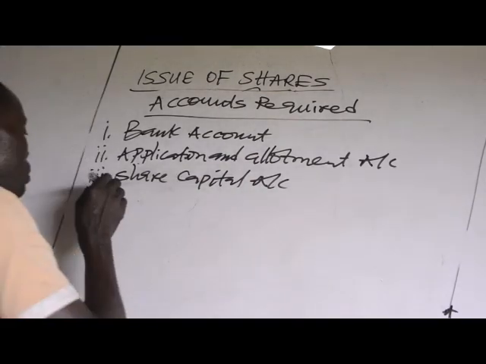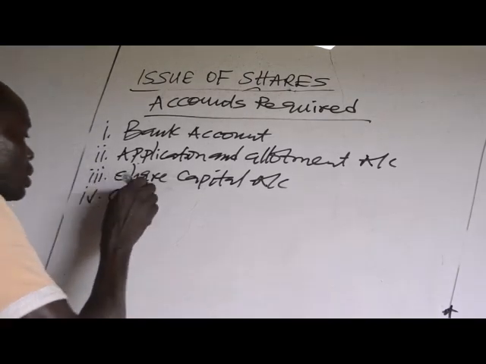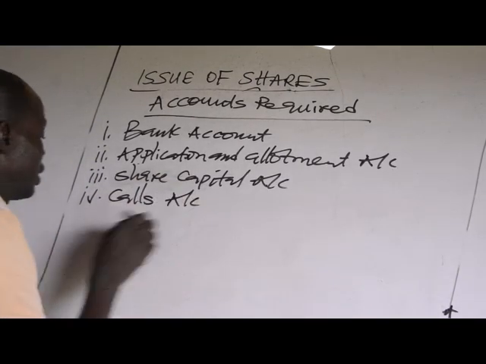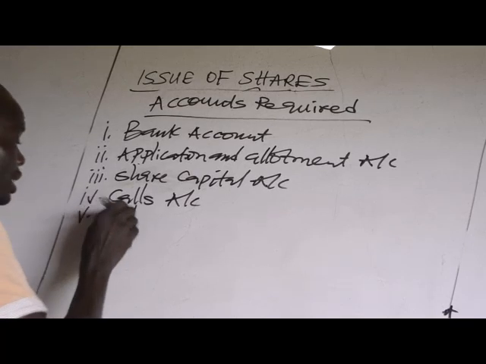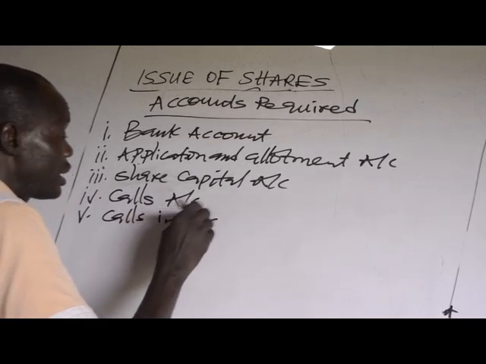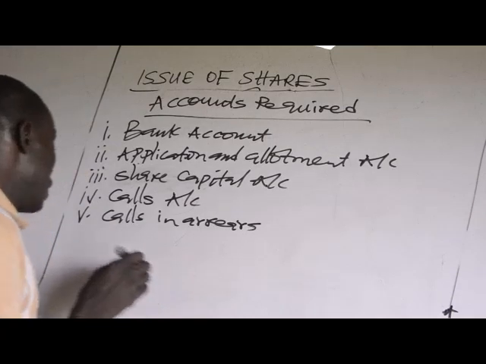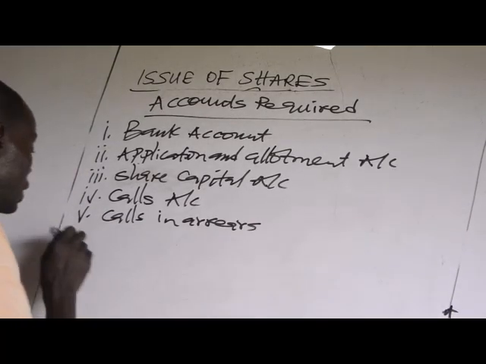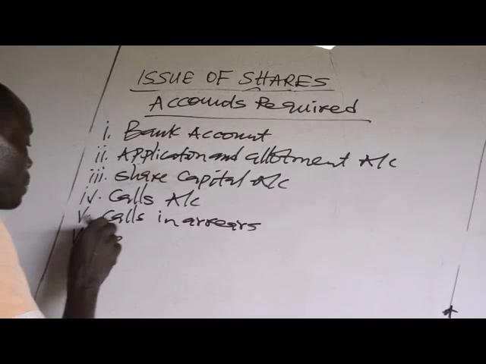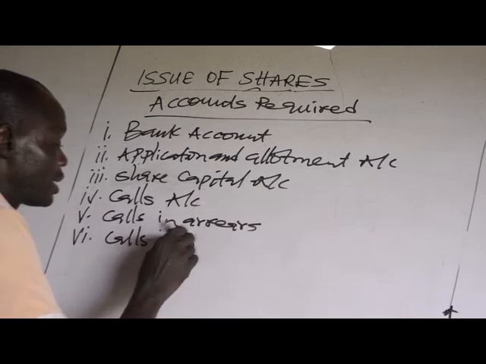You may have your call account. You may also have calls in arrears, where certain calls are due and unpaid. And if calls are paid in advance, you may have a calls in advance account.